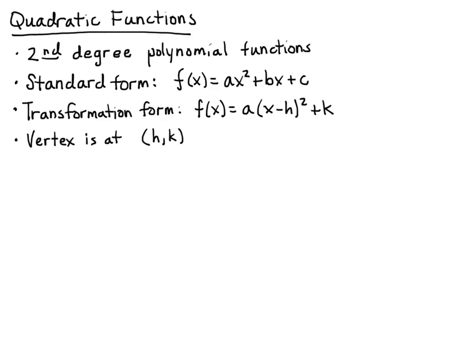The vertex is going to be at h and k, because remember, h moves it left or right by h units, k moves it up and down. If we have just our toolkit function, the vertex is at 0, 0, and since we're moving the places around h and k, we can quickly see that we're going to get the vertex at h and k.